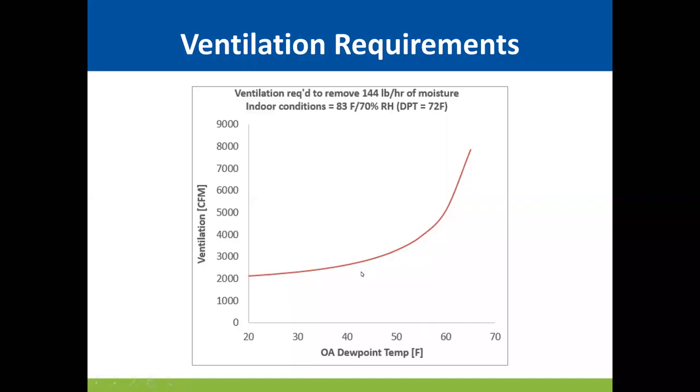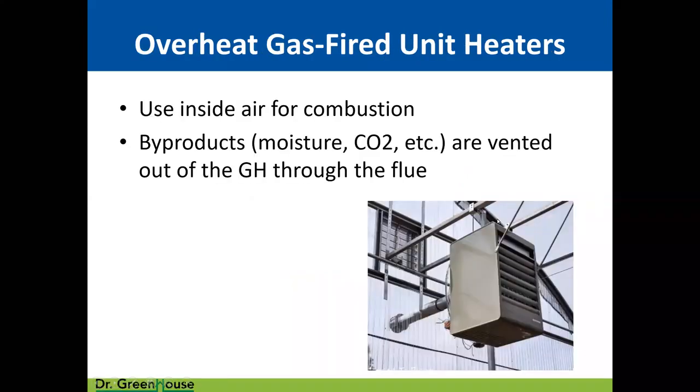So there is a point, down to 20 degrees, where we don't need that much air, 2,000 CFM for this 3,000 square foot greenhouse to control humidity. As it gets up to 50 degrees, it's still just 3,000 CFM. That's not too bad. But beyond that, it gets harder and harder to use ventilation for humidity control.